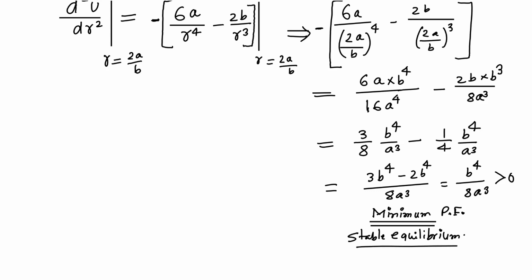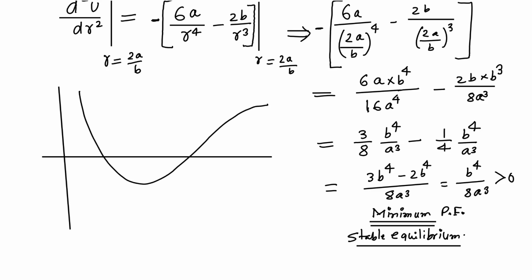Basically, you can plot this potential energy diagram also. Let us say you have something like this. I am not exactly plotting, but you have somewhere something like this. Then this is your position of equilibrium. This distance from r equals 0 is 2A by B. And there is a minimum.